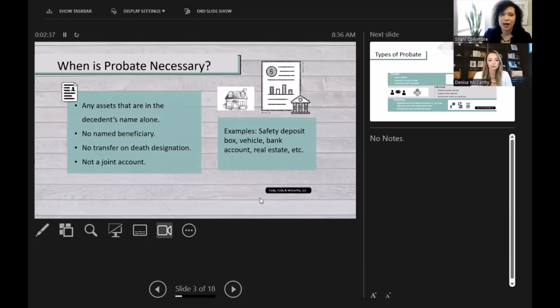That would be a probate asset. Or if you owned a home and you didn't own it in a trust or with another joint owner, that's a probate asset. So when somebody dies with assets like that, the only way for your loved ones to gain access to the assets is to go through probate.